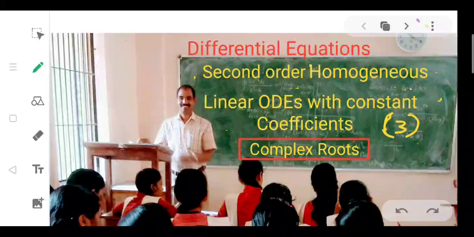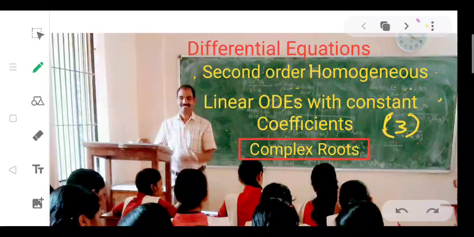And in the last videos, we have seen how to solve such equations in the first two cases. Today, we will discuss the third case, that is when the auxiliary equation has complex roots.